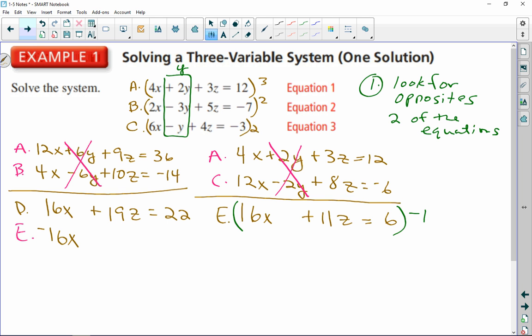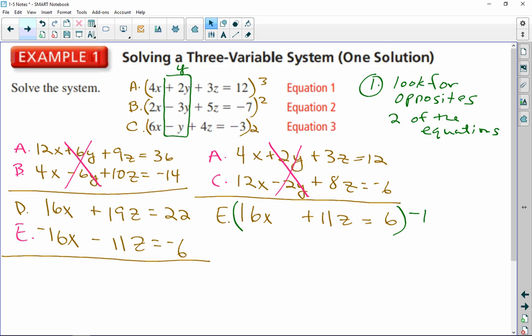And that makes that a negative 11z. And then that makes that a negative 6. Those two cancel. I get 8z equals what?